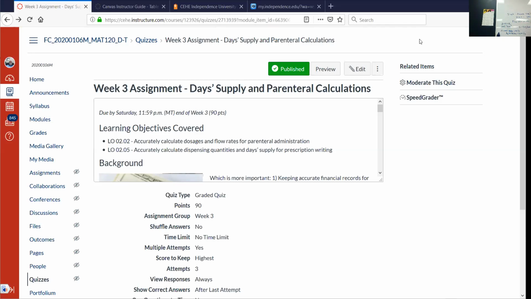So we're going to use 15. They could call it a set. They could call it a venoclysis set. They could say at 15 drops per milliliter.